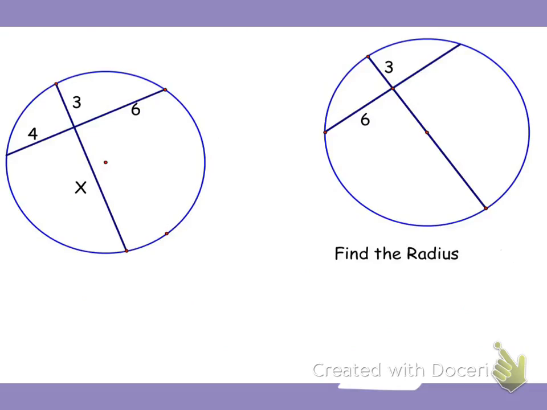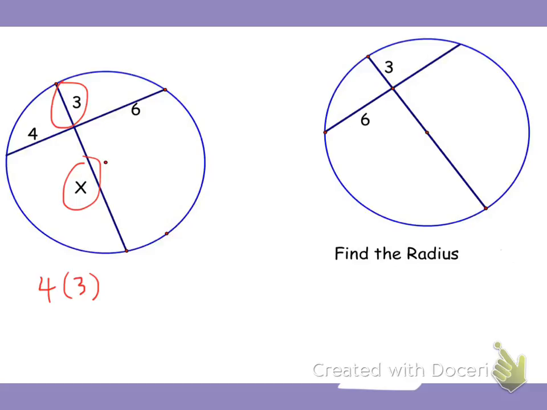Okay? So here, let's take a look at this example. Basically what I'm going to do is set it up and do 4 times 3 is equal to 6 times x. Oh, sorry, let me correct that. The 3 goes with this x.